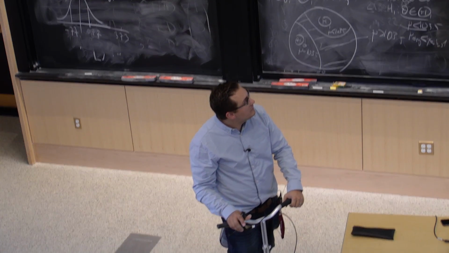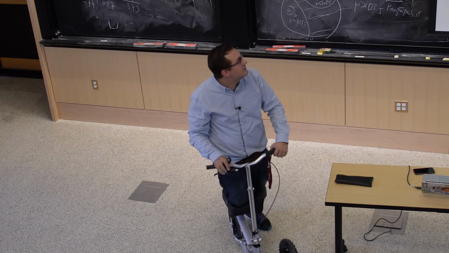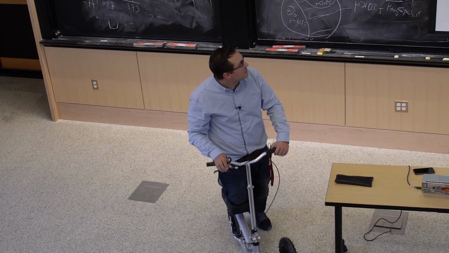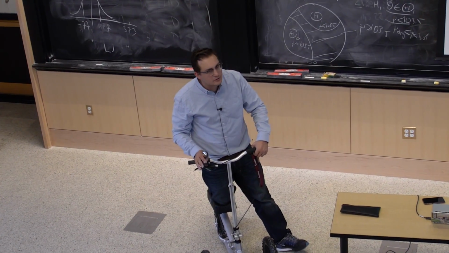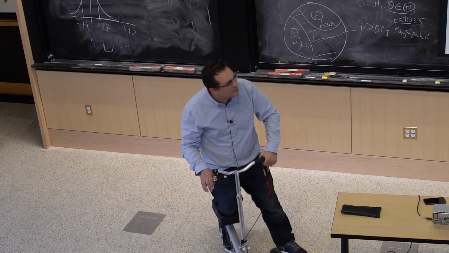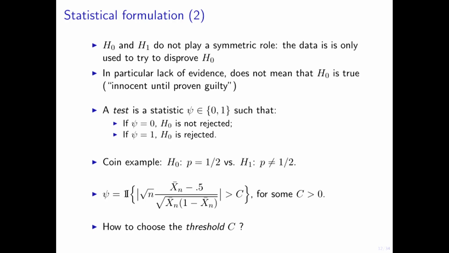Okay, and so one of the things you want to keep in mind when you're doing this is innocent until proven guilty. So if you come from a country like America, there's such a thing. And in particular, lack of evidence does not mean that you are not guilty, right? O.J. Simpson was found not guilty. He was not found innocent, okay?